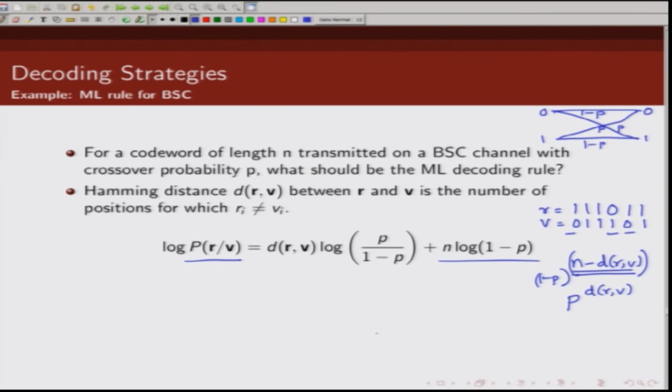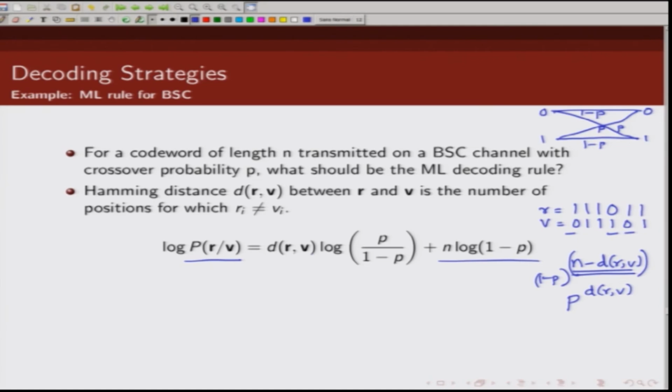That is a negative quantity. So, what we get then is, to maximize this, we have to maximize minus d(r,v), correct? So, a maximum likelihood decoder will choose a v such that minus d(r,v) is maximized.